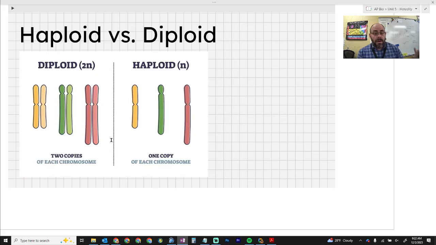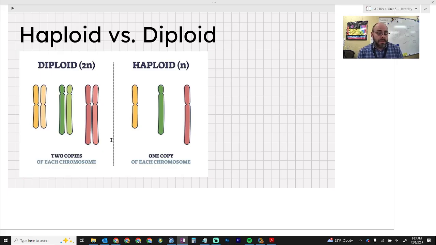Our mom donated half, 23, and dad donated the other half, 23. Our normal cells, skin cells, muscle cells, are diploid cells, each one having the full complement of DNA, and each one representing half of our parental genome.